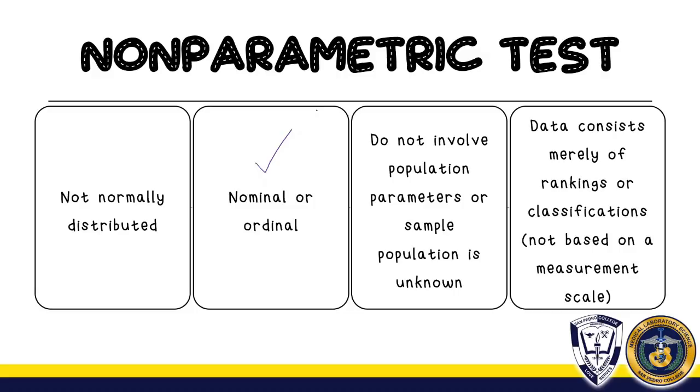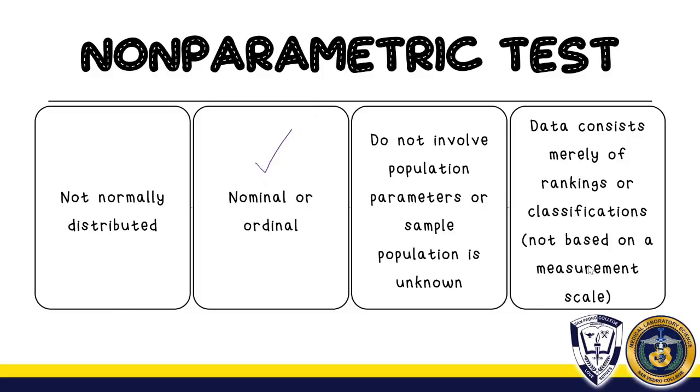To give you an example, gender is a nominal or categorical variable, and the categories under gender are male or female. How about ordinal? From the name itself, order. Meaning your categories or your data are scaled, ranked, or in order. And that is what non-parametric testing is all about.